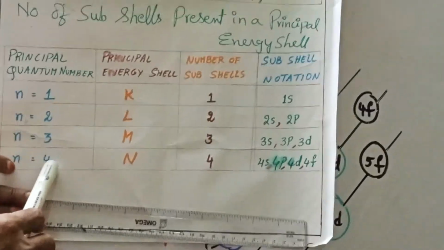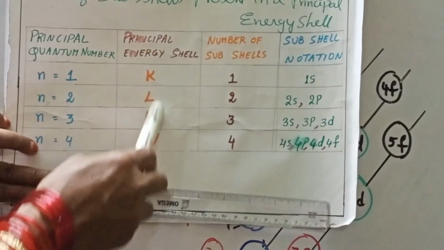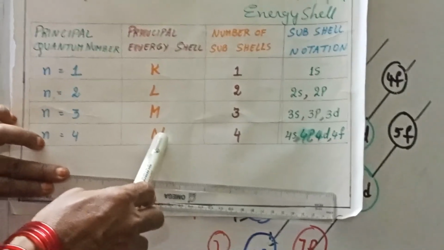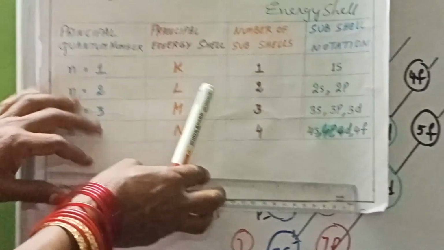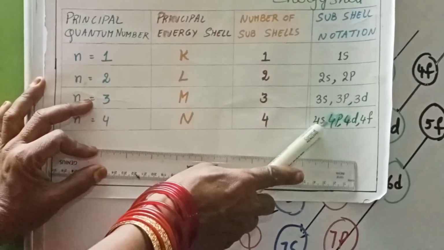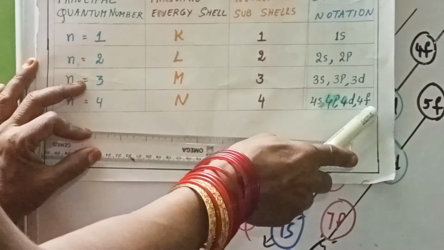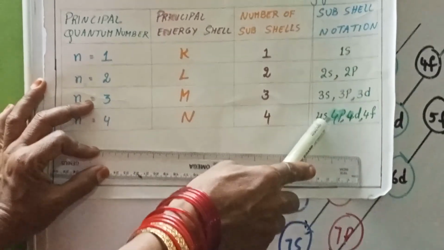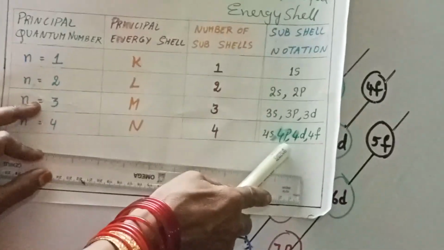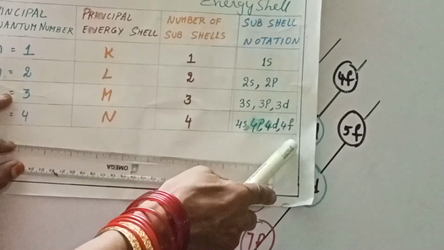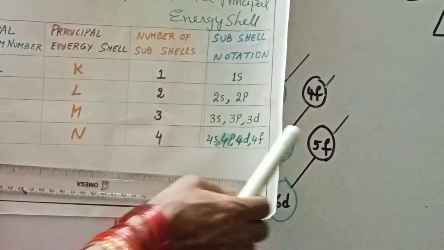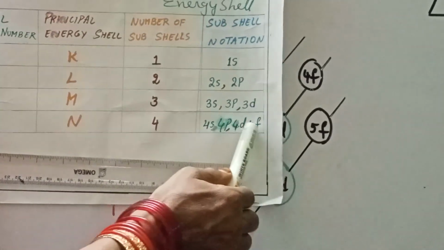Next, n value is 4, where the principal energy shell is capital N and the number of subshells is 4: s orbital, p orbital, d orbital and f orbital. S can accommodate 2 electrons, p 6 electrons, d 10 electrons, f 14 electrons. So in total it can accommodate 32.